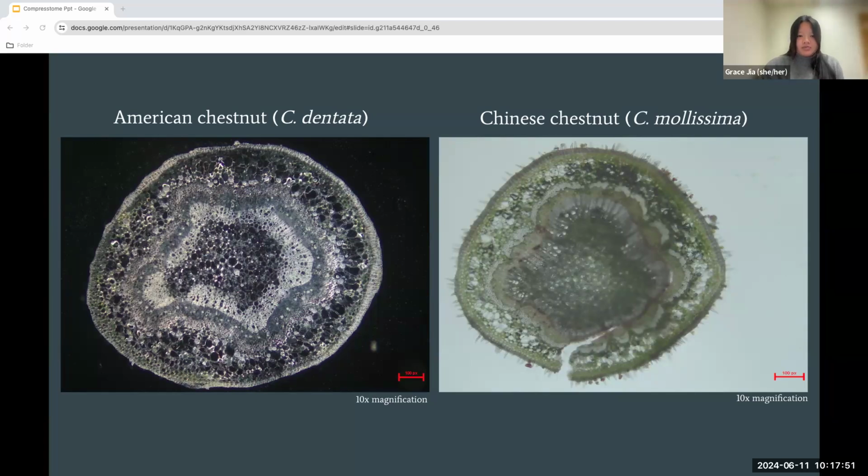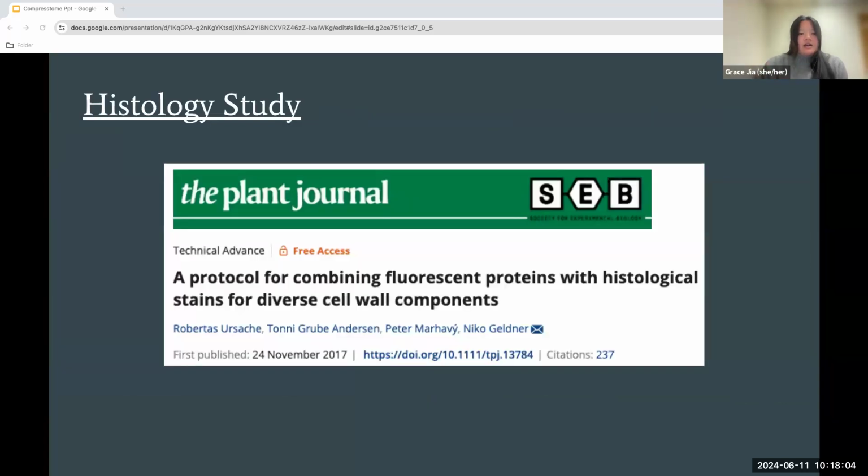Because of these preliminary comparisons, we are still developing our methods for our histological study. And we are doing that by adapting the staining protocol from this paper that was published by Ursache et al. in 2017.